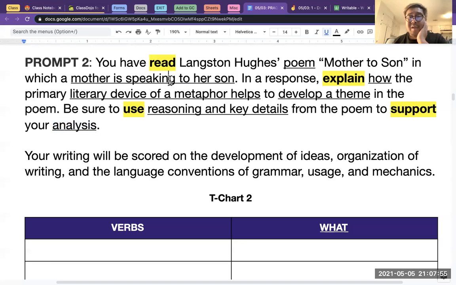There's nothing in here about stories or narratives or continuing a story or retelling the story or doing something in a different point of view or from a different character's voice. No, it's not a narrative. There's nothing here that points to a narrative. So I'm not going to be making things up. There's nothing here that shows that it's an argumentative prompt, right? There's nothing that asks me for my opinion or what do I think about this?